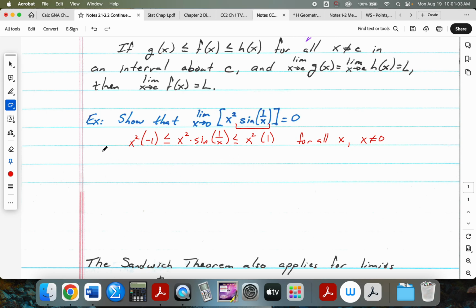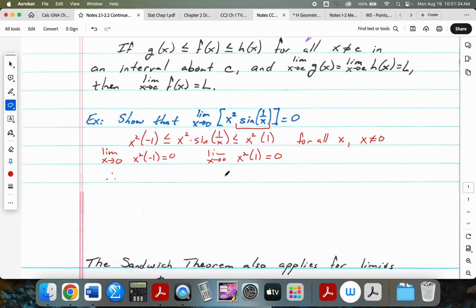So now what I want to do is take the limit as x goes to 0 of x squared times -1, and that's 0, and the limit as x goes to 0 of x squared times 1, and that's 0.